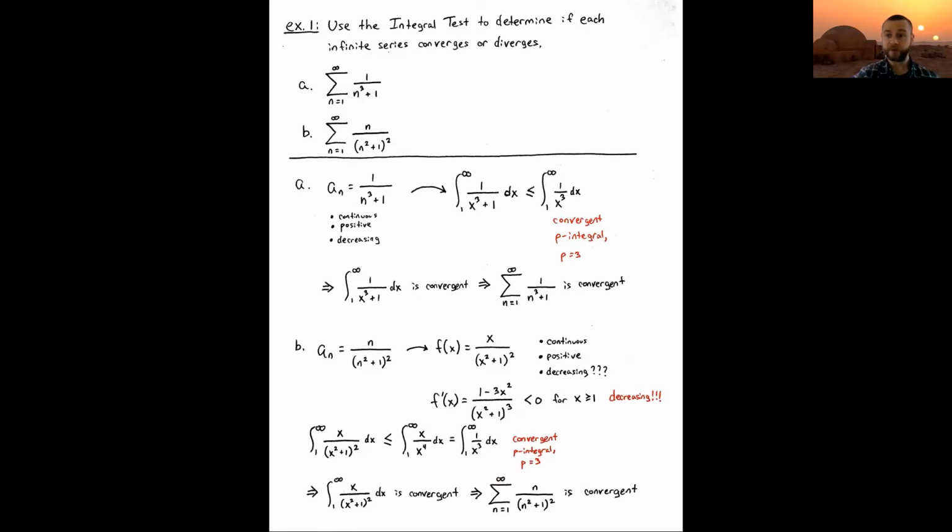If we pull all the results together, since we've determined by comparison that our improper integral is convergent, the integral test tells us that our infinite series from 1 to infinity of n divided by (n squared plus 1) squared must also be convergent.